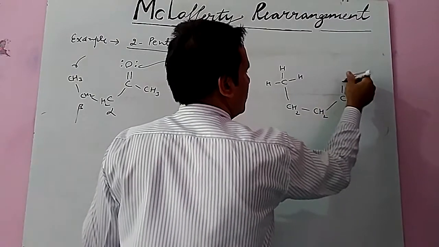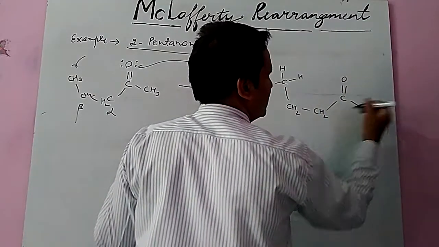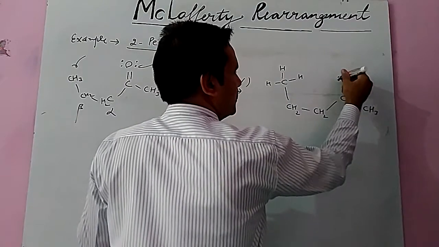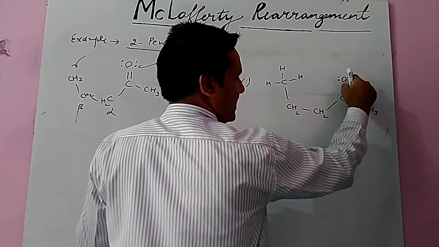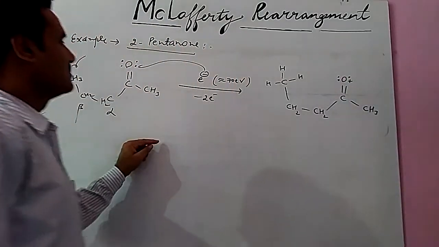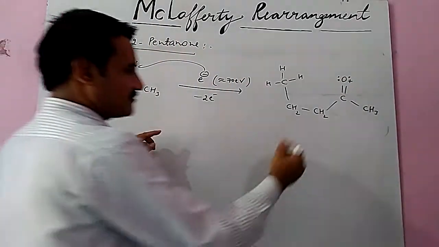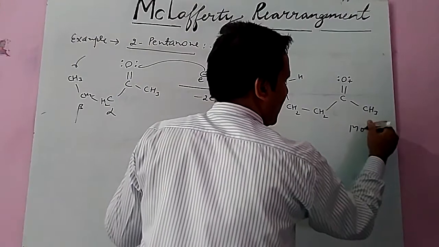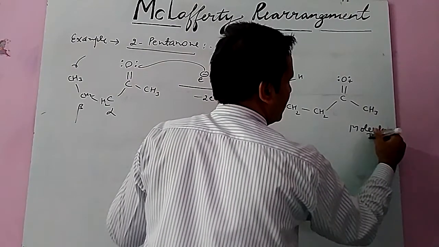This is the carbonyl group and this is the methyl group. Only 1 electron is removed, generating a positive charge. This is known as the molecular ion.